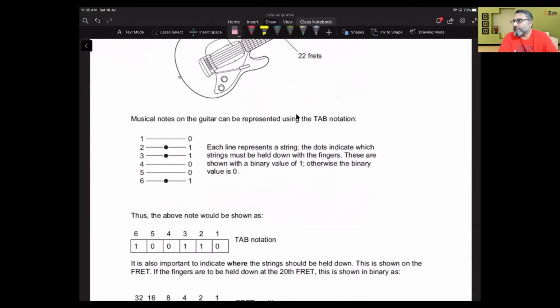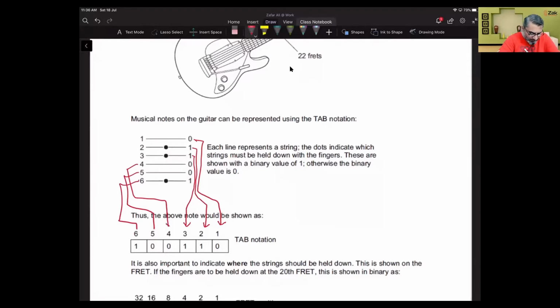Each bit corresponds to one string: this one corresponds to this bit, this one to this bit, and then we have got this 4, then this 5, then this 6.